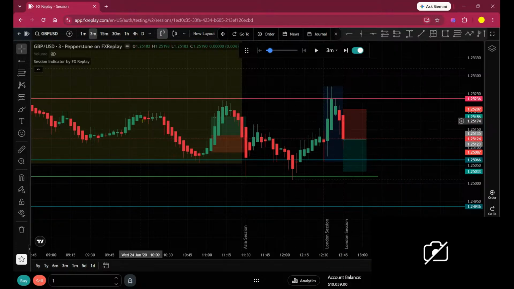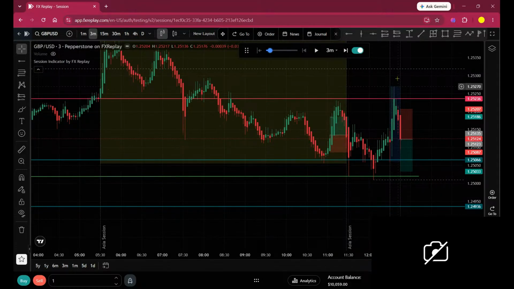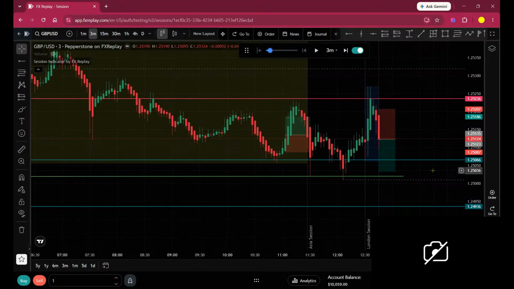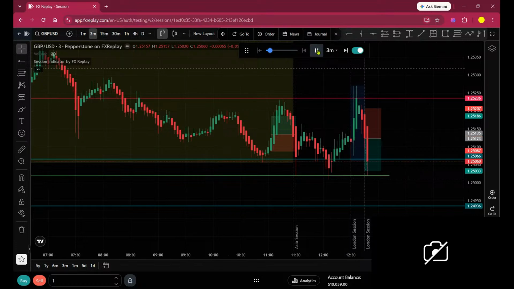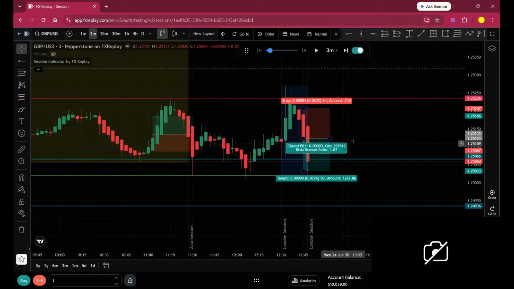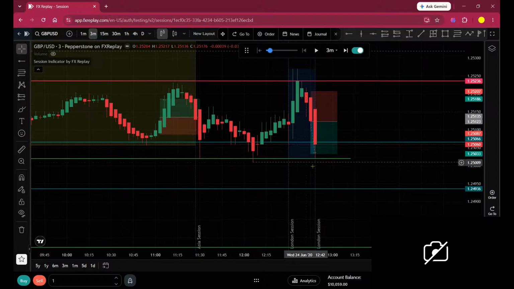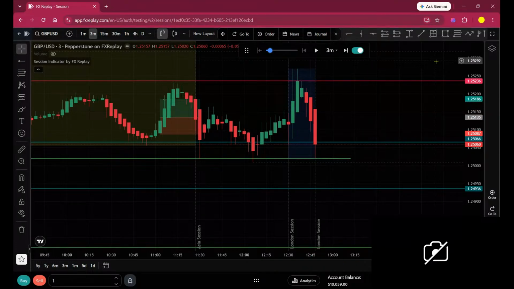Okay, and this is the inflow, right? So it can give you the trade. What happened? A single trade gave you 1:2. Sorry, 1:1.